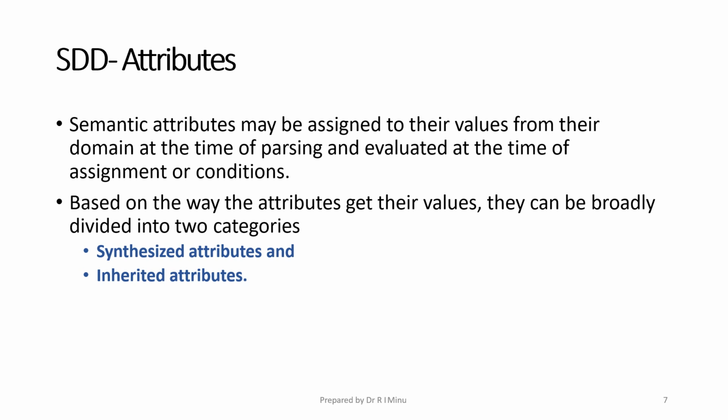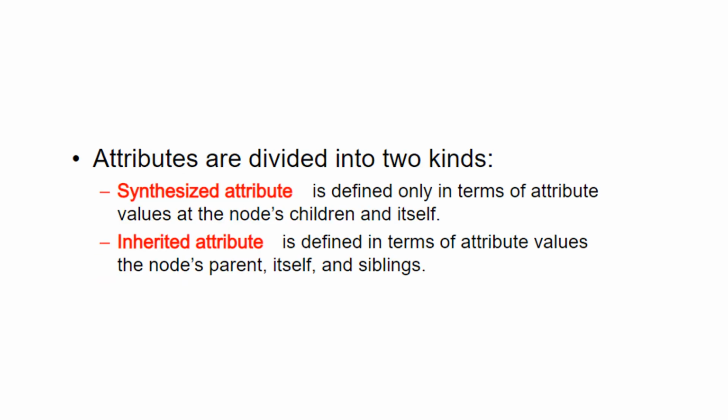So there are two types of attributes here: synthesized attributes and inherited attributes. For synthesized attributes, the value is taken from its children and itself at any node in the tree; the grammar symbol takes its value either from its children or itself. What are inherited attributes? As we know, the children inherit the properties from the parent.